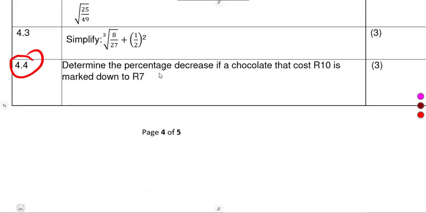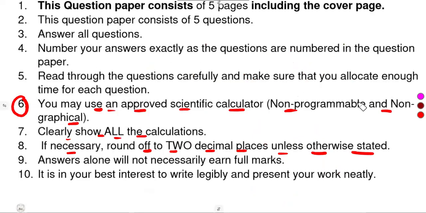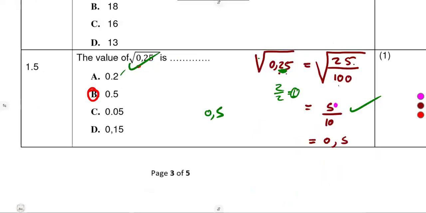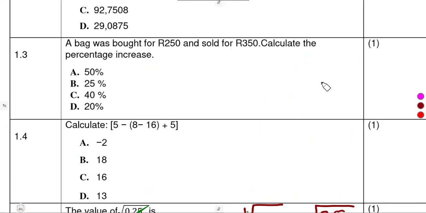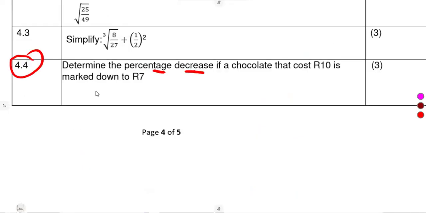Determine the percentage decrease. Remember, there was another question where there was an increase. If we consider the first part that we had, there was an increase here. This one, calculate the percentage increase. Same concept, meaning here we are going to sell something at a lower price.